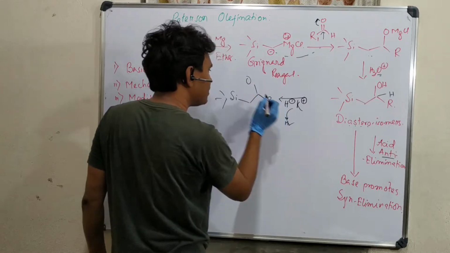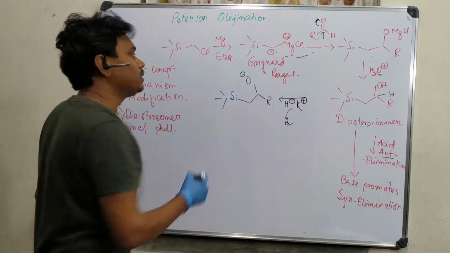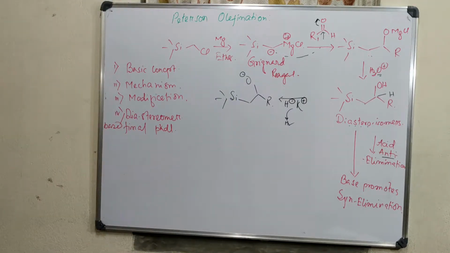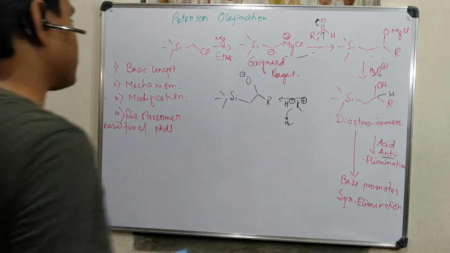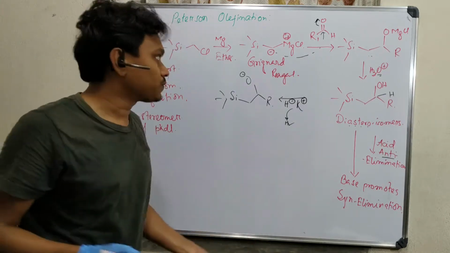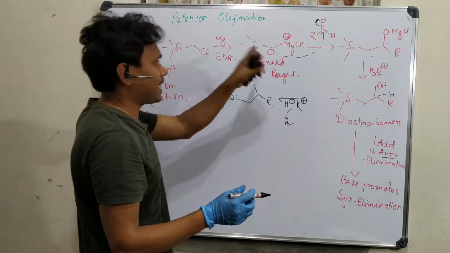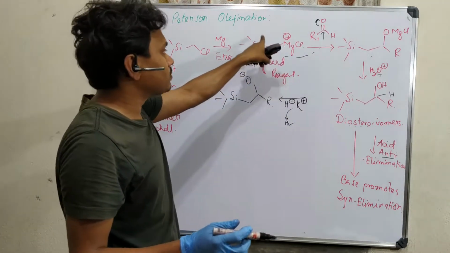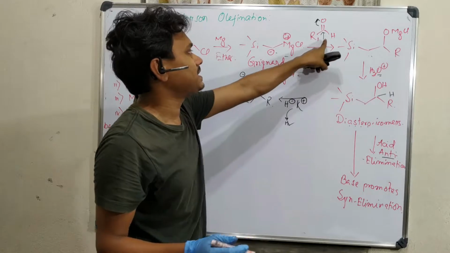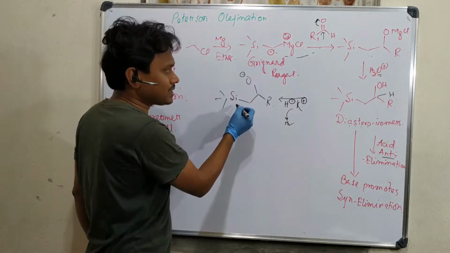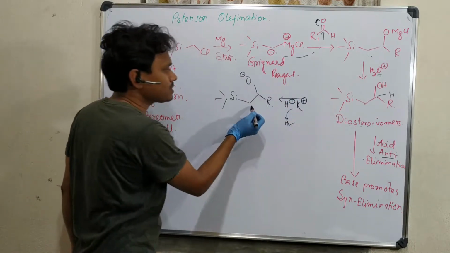We know that silicon has an energetically accessible vacant d orbital, and you can consider it like phosphorus. Another thing to consider is that this is actually a silyl carbanion, so its nucleophilicity is higher compared to simple ylides. After this treatment it produces this alkoxide.